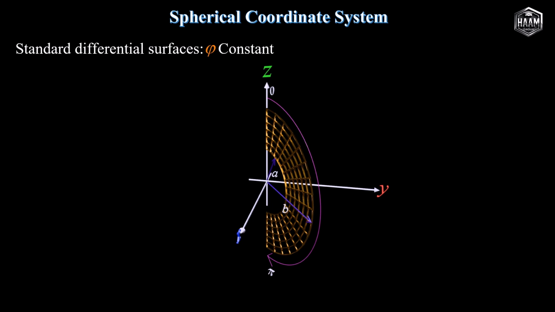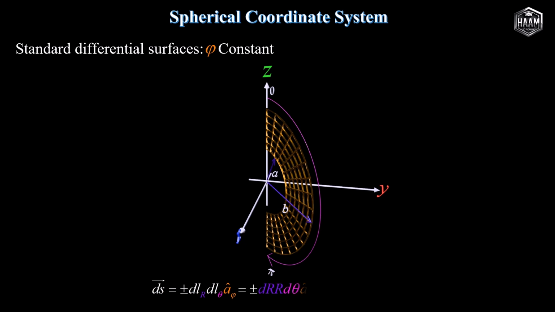All of these surfaces are constant phi surfaces, and their differential surface element, ds, in this case, equals the change in capital R multiplied by the change in theta in the direction of a hat sub phi.